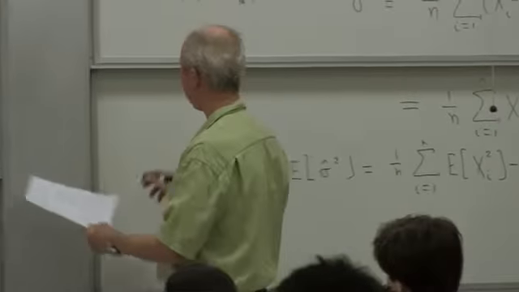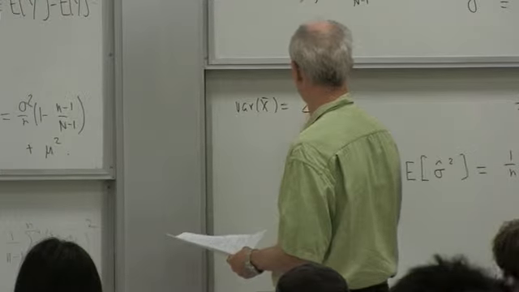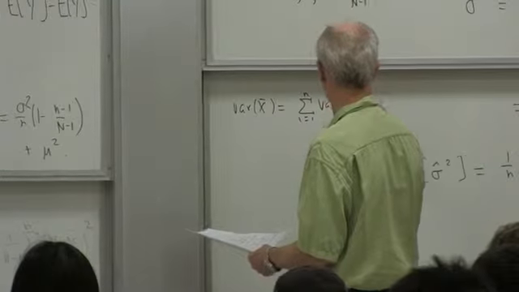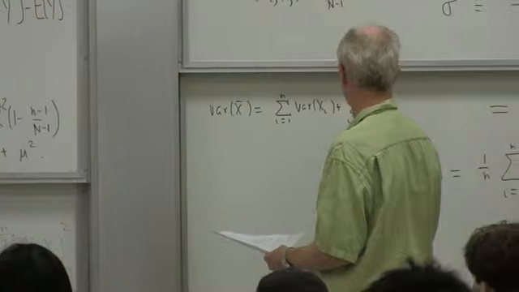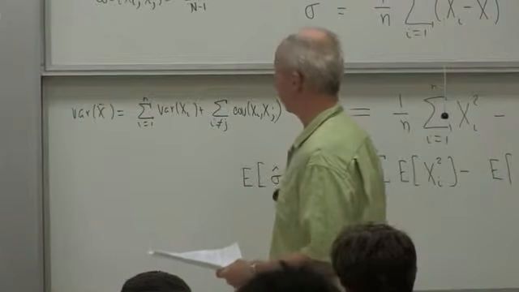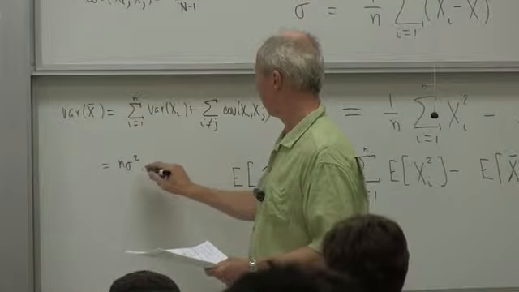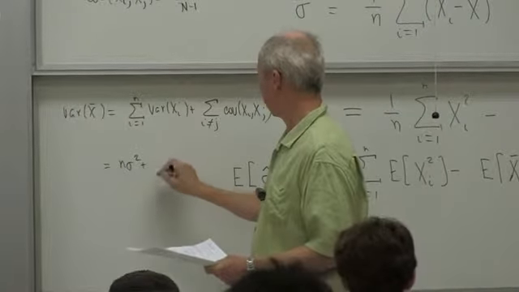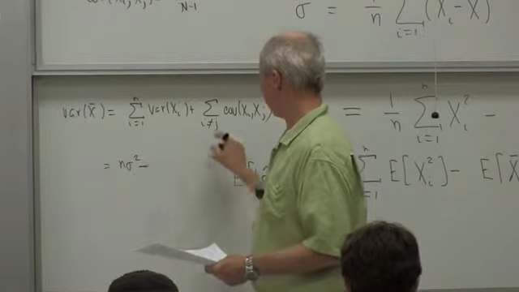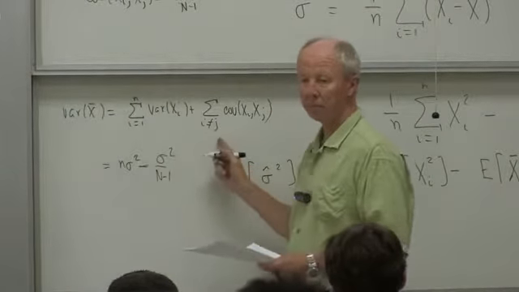And when you do the variance of x bar, what do you get? Here, these are all sigma squared over n minus 1. How many terms are there in the sum?